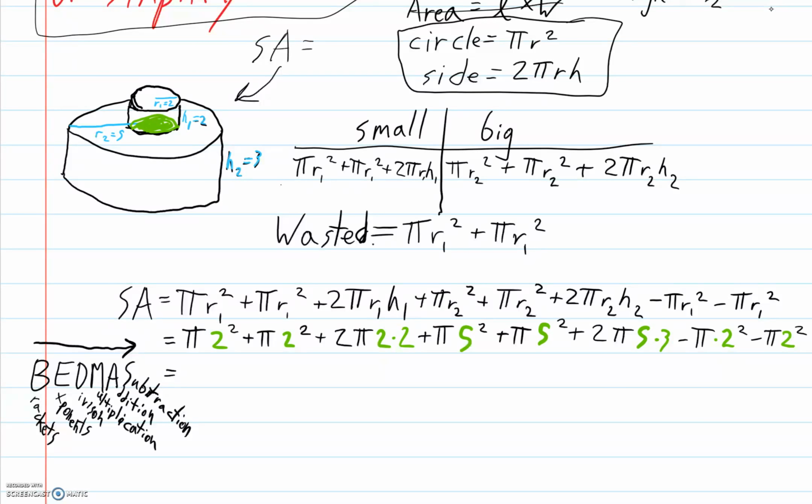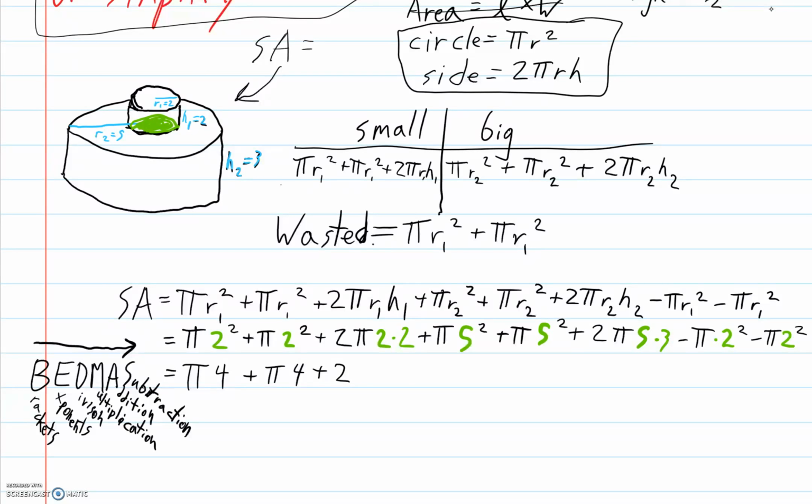So we've got exponents next, so I want to go through and do all my exponents. So 2 times 2, which is 2 squared, 2 times 2 is 4, plus pi 4, because that's the same as before.